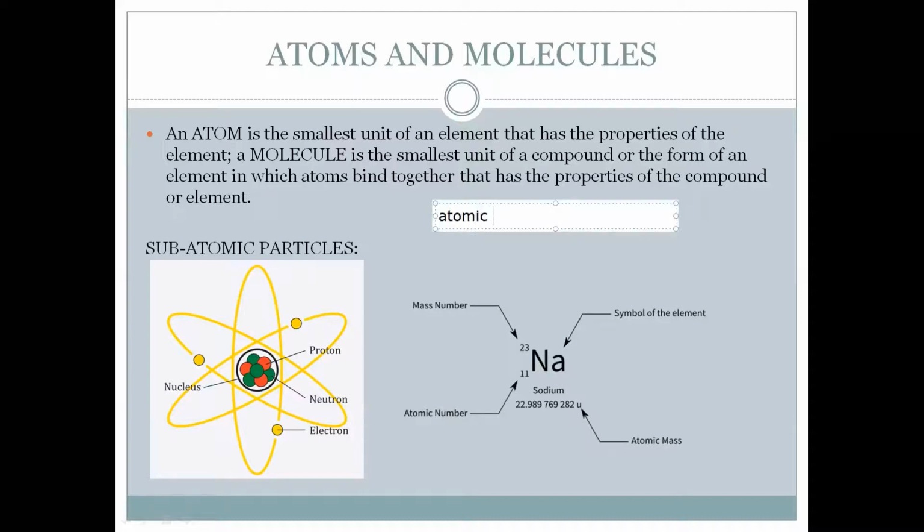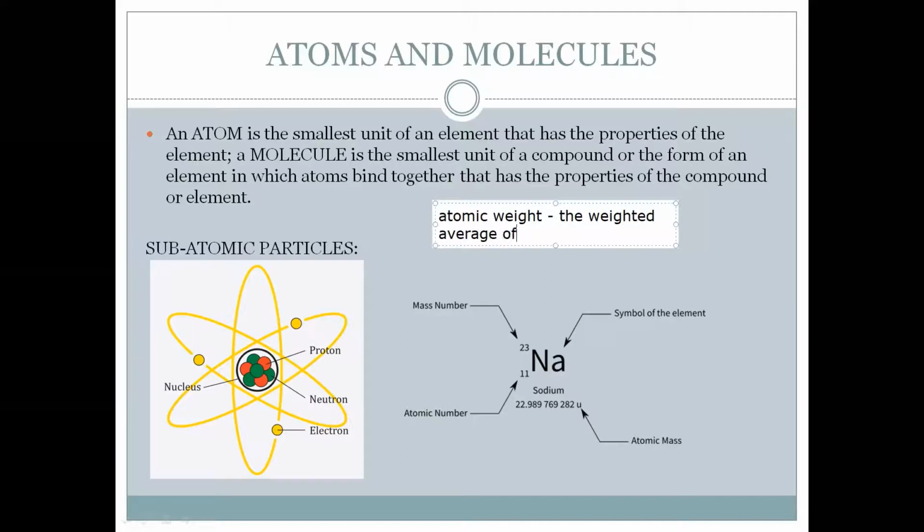Atomic weight is the weighted average of the naturally occurring isotopes. So what are isotopes? Ayun yung mga atoms na iba-iba yung number ng neutrons nila. Pare-parehas sila ng numbers ng protons, pero yung neutrons nila iba, magkakaiba. So those are isotopes. Okay?